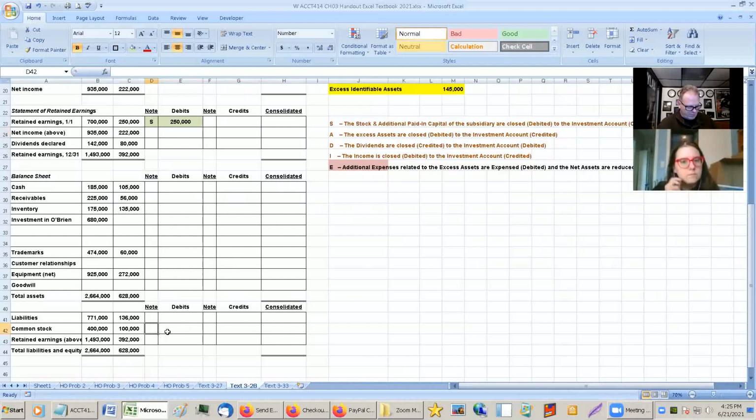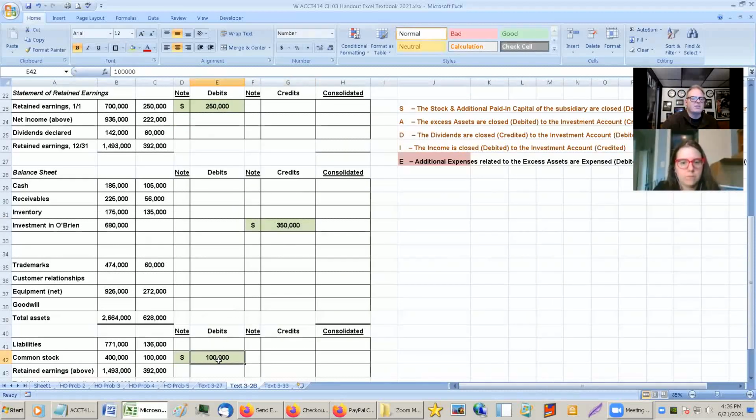We have common; we don't have any additional paid in capital. Some states don't require it. So this will be 100,000. And investment 350, which is the net assets at book value. Exactly. Book value will be the exact same thing as the total equity section.